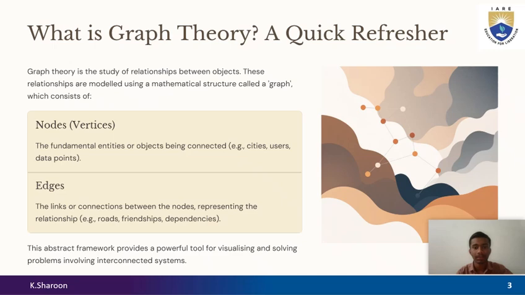Example: cities, users, data points. And edges: the links or connections between the nodes representing the relationships. Example: roads, friendships, dependencies. This abstract framework provides a powerful tool for visualizing and solving problems involving connected systems.